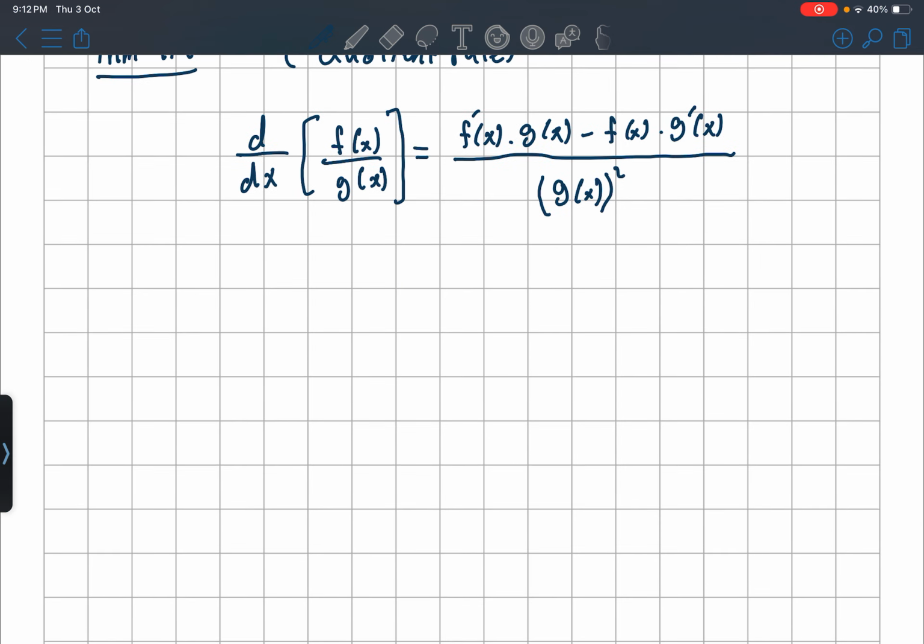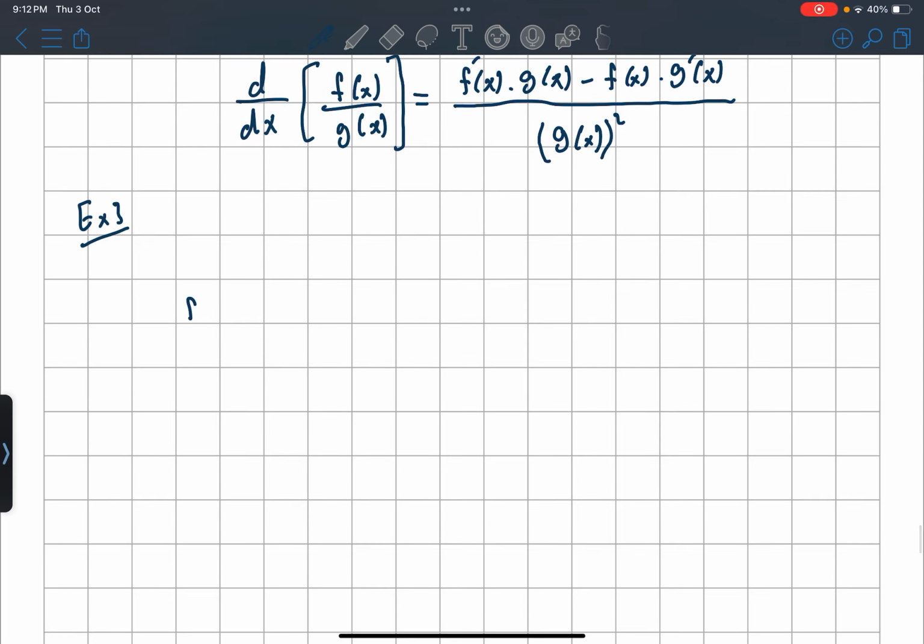Okay, so let's take an example. Example 3. We have f(x) equal to x power 2 minus 2 over x cubed plus 1.